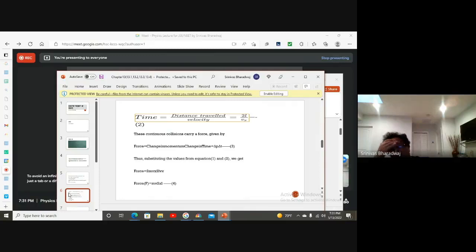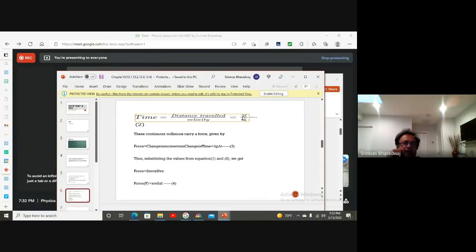The time is 2l over vx, where the distance traveled is 2l and the velocity is vx in this direction. So the force is the change in momentum divided by the time taken: 2 times mvx divided by 2l over vx.